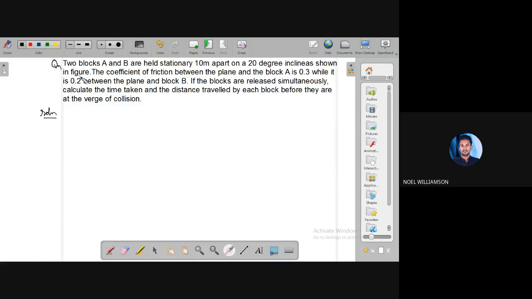Two blocks A and B are held stationary 10 meter apart on a 20-degree incline as shown in the figure. The coefficient of friction between the plane and block A is 0.3, and 0.2 between the plane and block B. If the blocks are released simultaneously, calculate the time taken and distance traveled by each block before they are at the verge of collision.